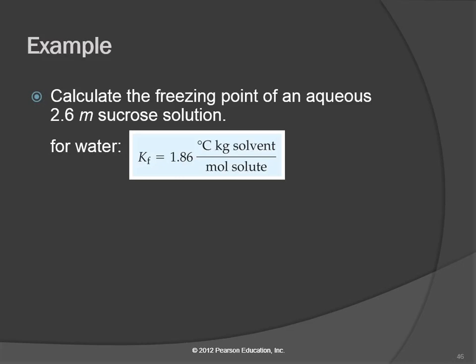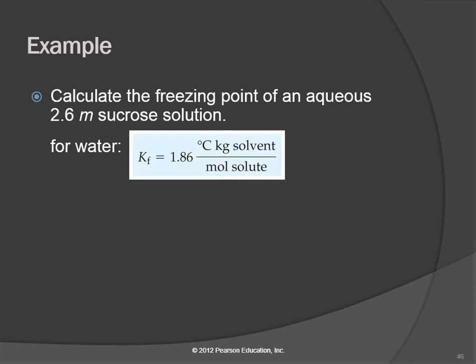Here in this example, we're calculating the freezing point of an aqueous 2.6 molal sucrose solution. So a solution of sugar water is going to freeze at a lower temperature than water. That's why packing popsicles in ice is not going to keep them from melting, because the ice will fairly quickly come to 0 degrees Celsius.